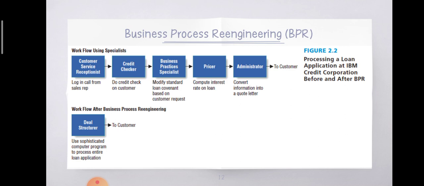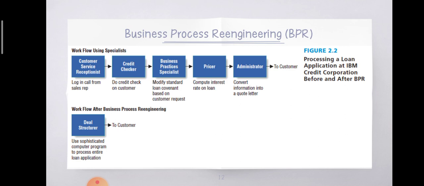But with business process re-engineering, meaning to say, you look at the workflow and then you found out nga di na kinahanglan ang daghang tao nga mo-credit check, business practice specialist, pricer, administration.